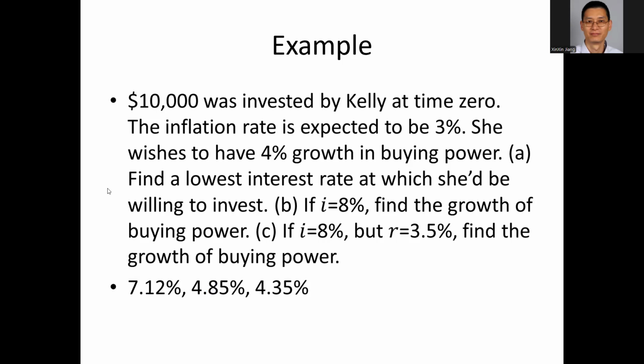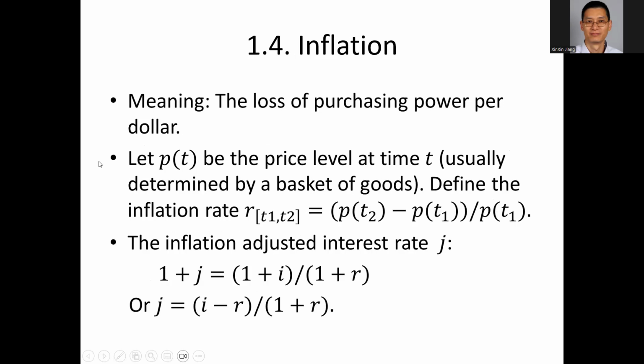I'll quickly go over this. Inflation is the loss of purchasing power per dollar. It's a very common thing in reality. So if P of t is the price level at time t, usually determined by a basket of goods, then we define the inflation rate r.